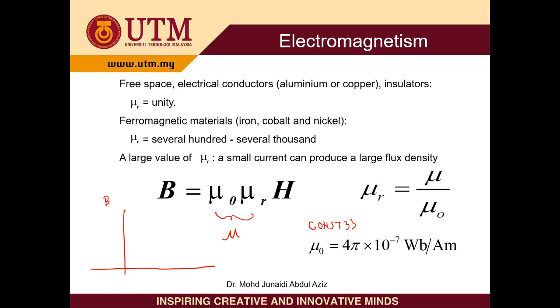For example, this is B and this is H. The relationship between B and H is linear at the first part until some point, and beyond this point the relationship is no longer linear. Usually there will be saturation, meaning that even though the magnetizing force is increased, the flux density increases only minimally.